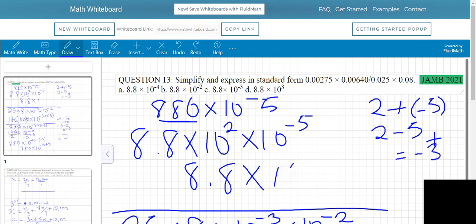So we are going to have 8.8 times 10 raised to power minus 3. Does it exist in the options? Yes, that is option C. So we see that this is how you go about solving questions that require you to express decimal numbers in standard form.